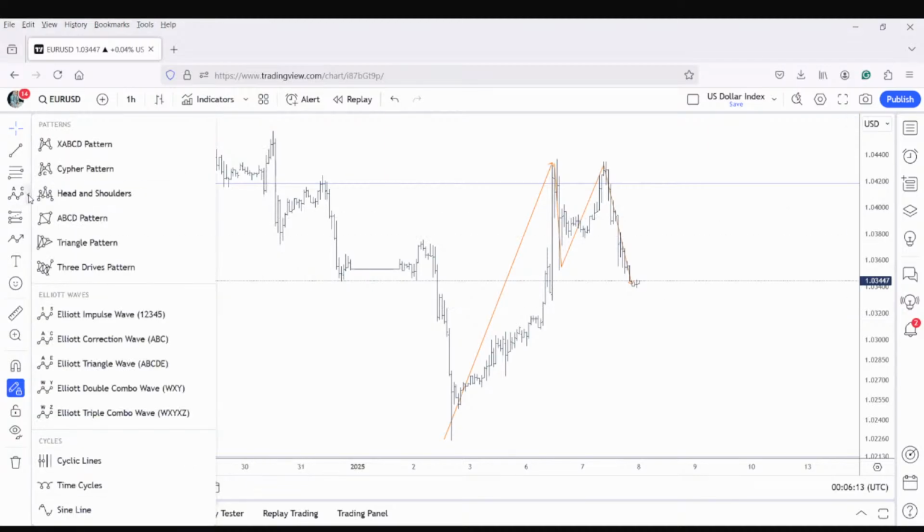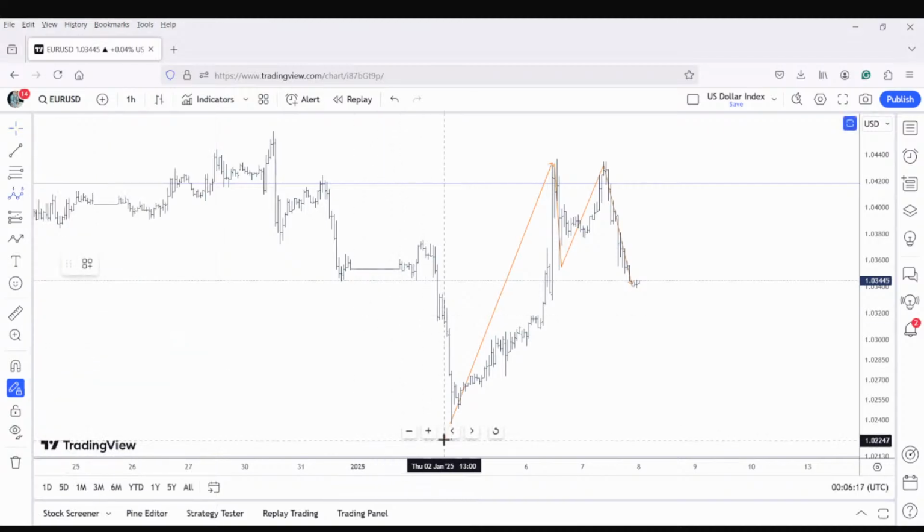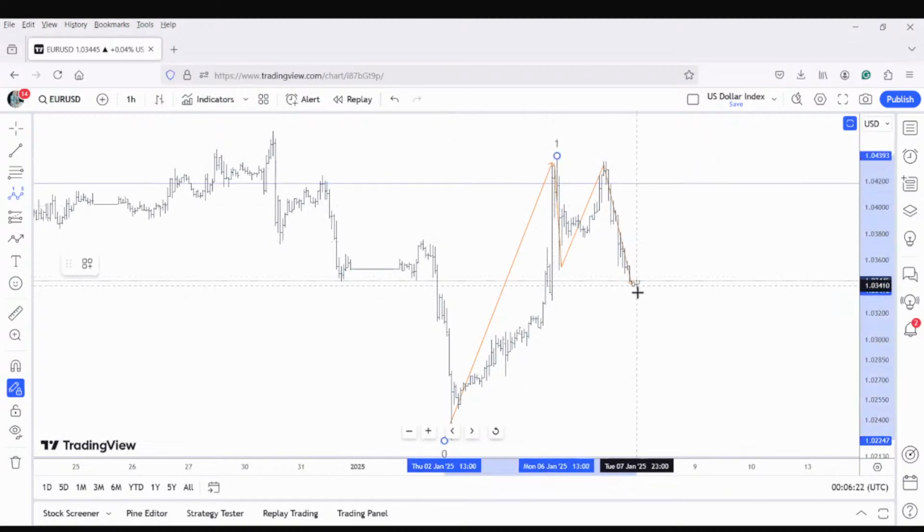So if you want to label with the sub-minute group, then it starts like one, that is a minor. So what I'm going to do is change the minor degree to a sub-minute.